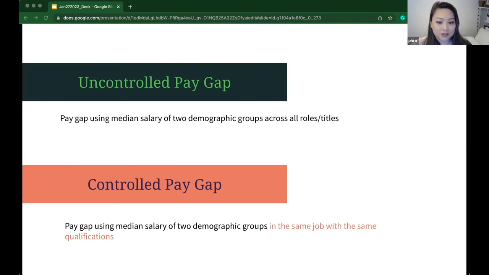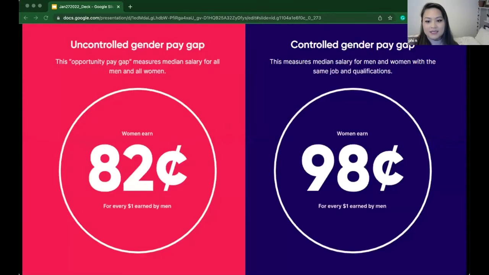The controlled pay gap is where the pay gap uses median salary of two demographic groups in the same job with the same qualifications. An example of that is the slide that you can see: men and women in the same or similar jobs with similar qualifications only have a 2 cent pay gap. It's a different way of looking at data, but be really careful when you hear what the pay gap is.